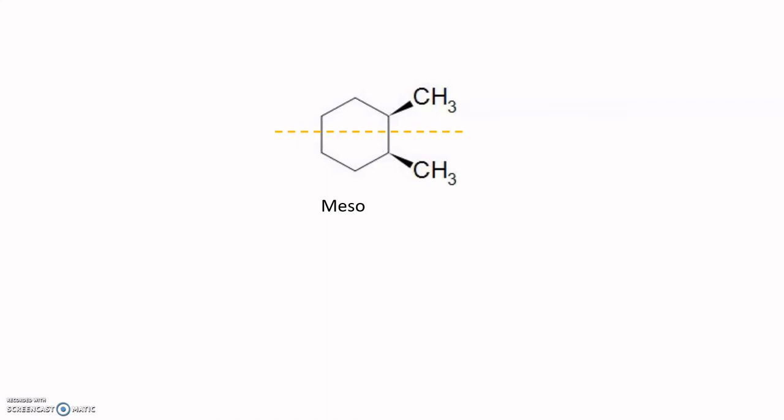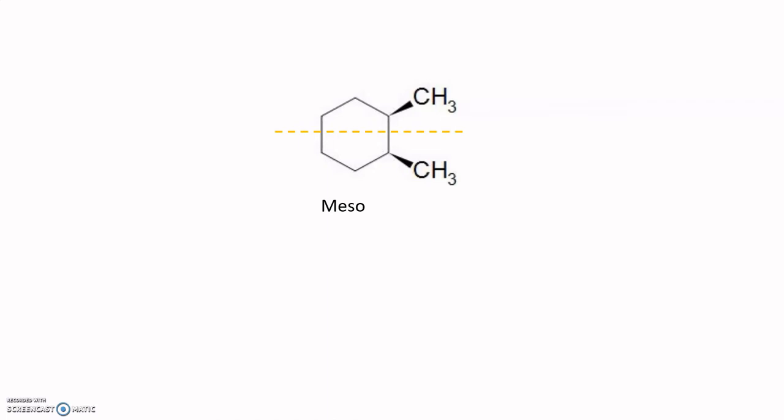So the non-optical activity of the molecule was considered to be because of this. But it is not actually like this. When we write the chair conformer, we find there is no question of formation of a meso compound at all. So actually it is because it is a non-resolvable DL pair.